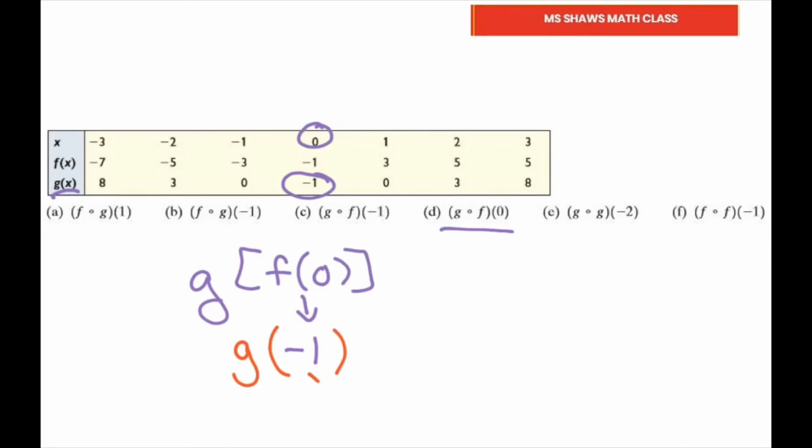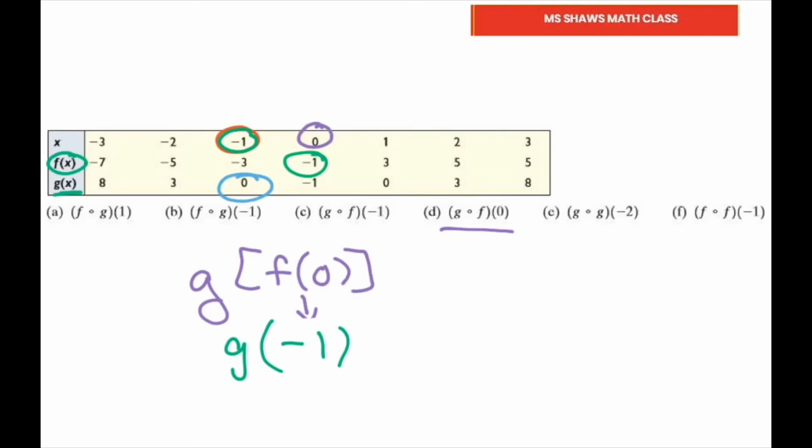Actually, we did this wrong. Sorry. Alright, start again. So f of 0. You go to f, and that is negative 1. So now go to negative 1, and now we're going to g. And at g, it is 0. So this whole thing equals 0.